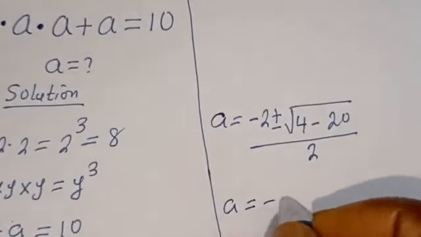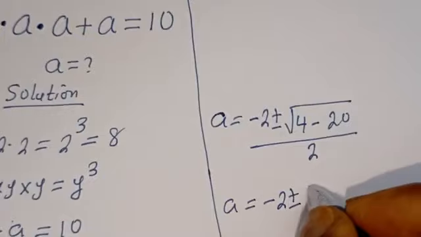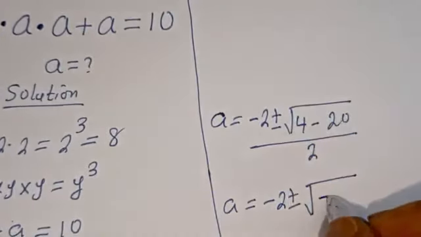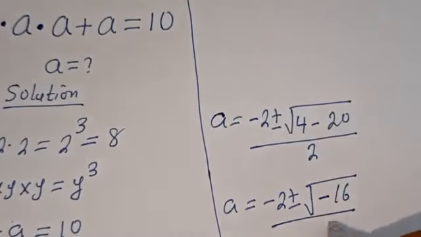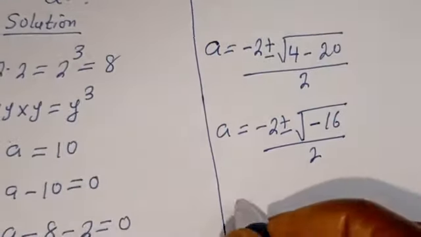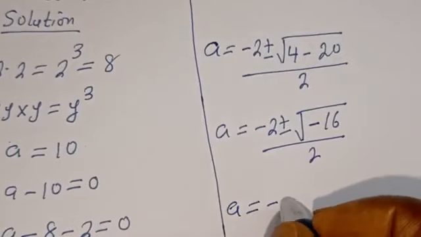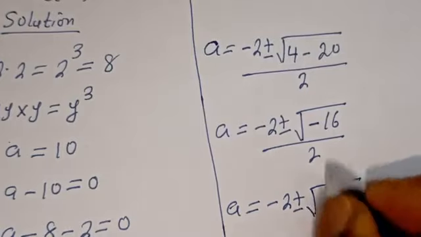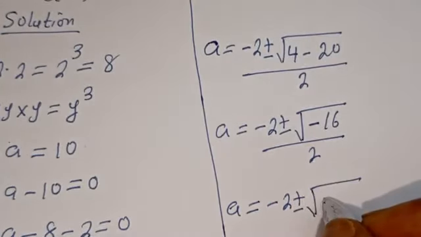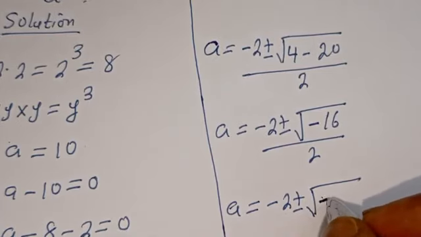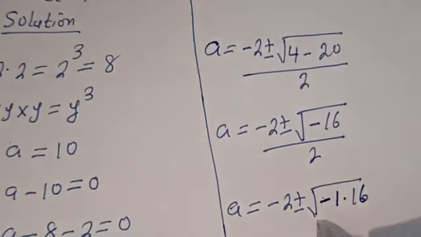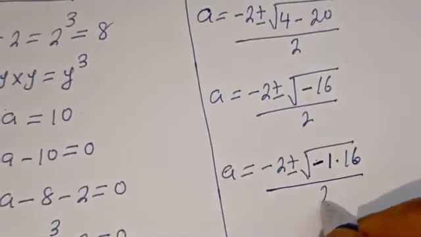A is equal to minus 2 plus or minus square root of 4 minus 20, that is minus 16, divided by 2. Then a is equal to minus 2 plus or minus square root of minus 16, which can be written as minus 1 multiplied by 16, divided by 2.